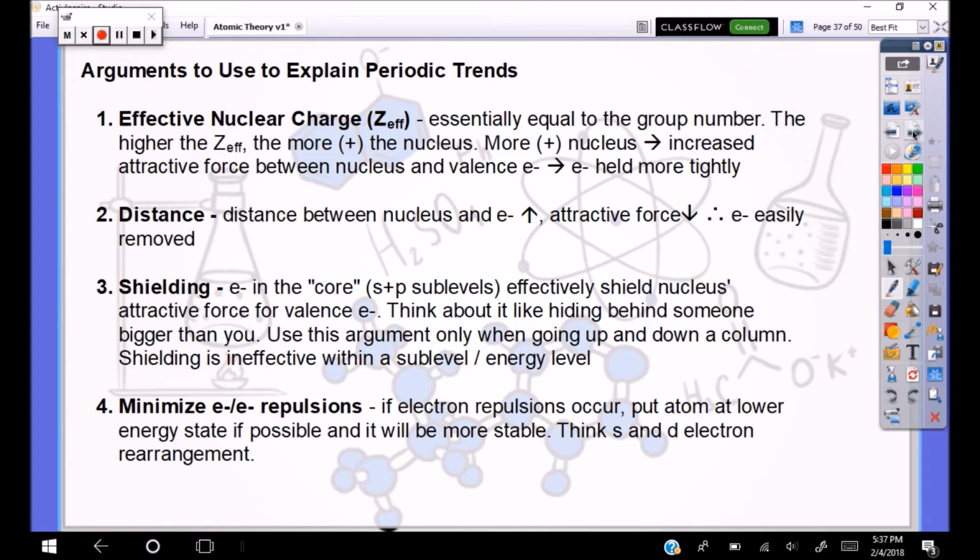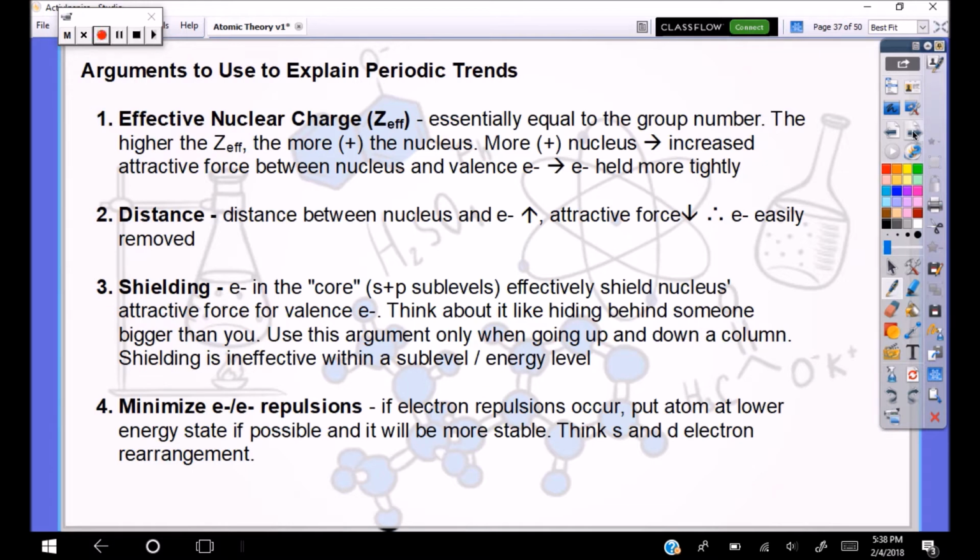The more energy levels we have, the distance is farther, and we also have more full levels below it, therefore the shielding is greater. So if we think about reactivity, we know that francium is one of the most reactive elements because it has a very large nucleus and there's a lot of shielding going on.